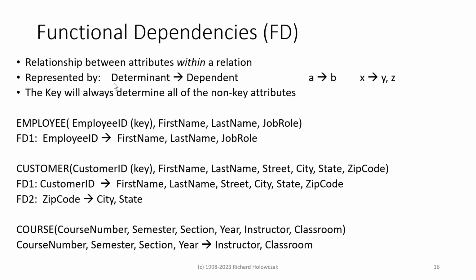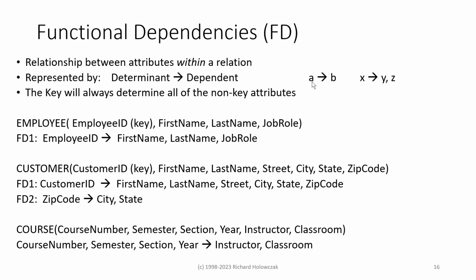A functional dependency is represented by a determinant, which could be an attribute or attributes on the left, and then an arrow, and then a set of dependent attributes on the right. If you don't have this key on your keyboard to make an arrow, you can just use a dash and a greater than sign. We know what it means. So determinant on the left of the arrow, dependent on the right.